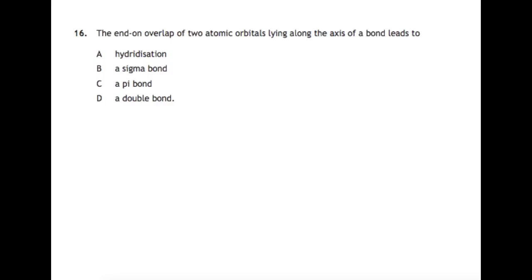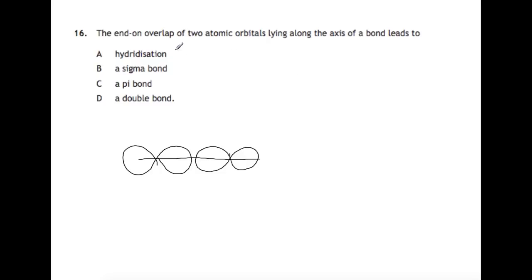Here we're now looking at some Unit 2 work. The end-on overlap of two atomic orbitals lying across the axis of a bond leads to what? So that would be something like this. If we take two p orbitals and overlap them, so the bond is going this way.